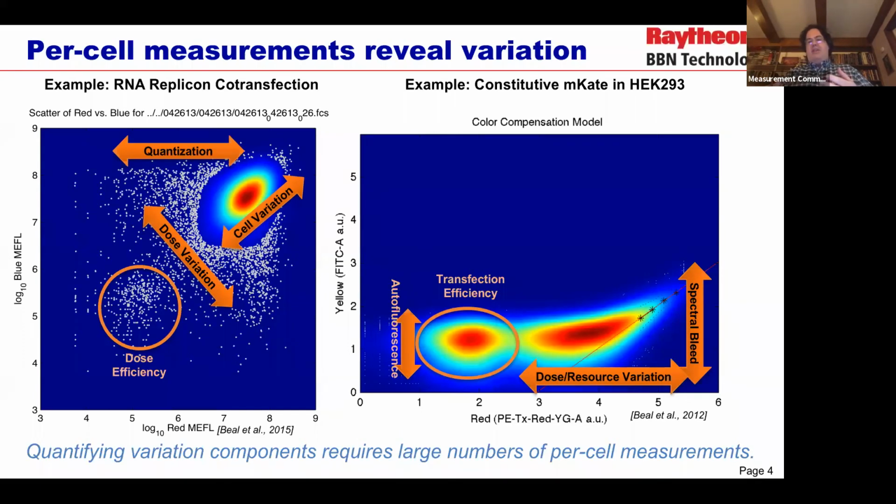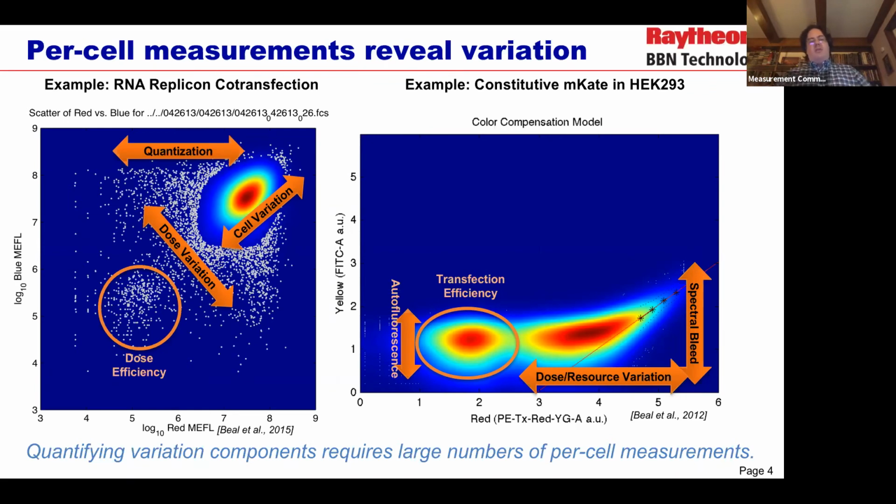From this bimodal left versus right red blobs, we're able to figure out what the efficiency of the transfections is and what the level of variation between cells is from the right-hand blob, and to figure out things about autofluorescence from the upward distribution.